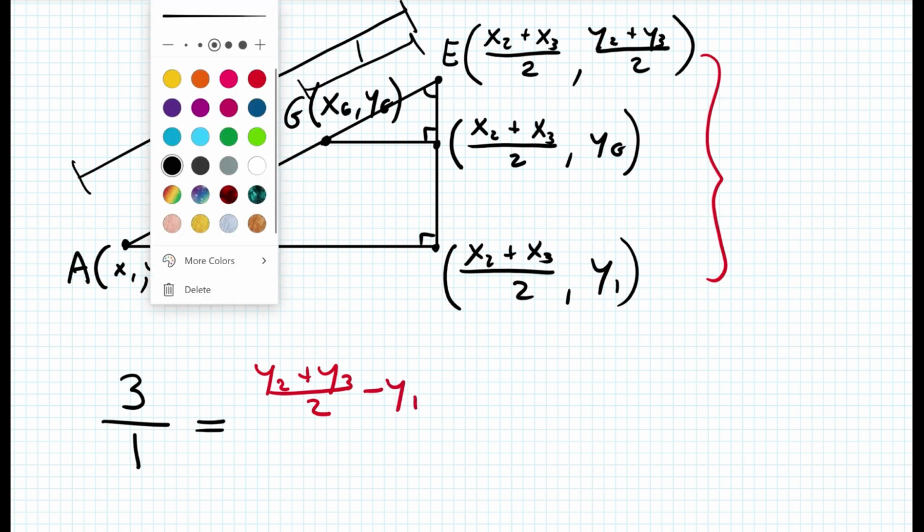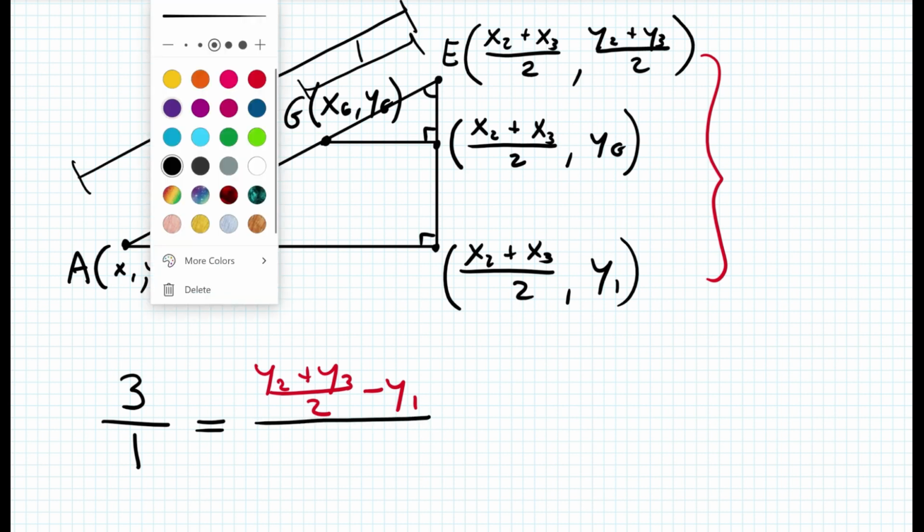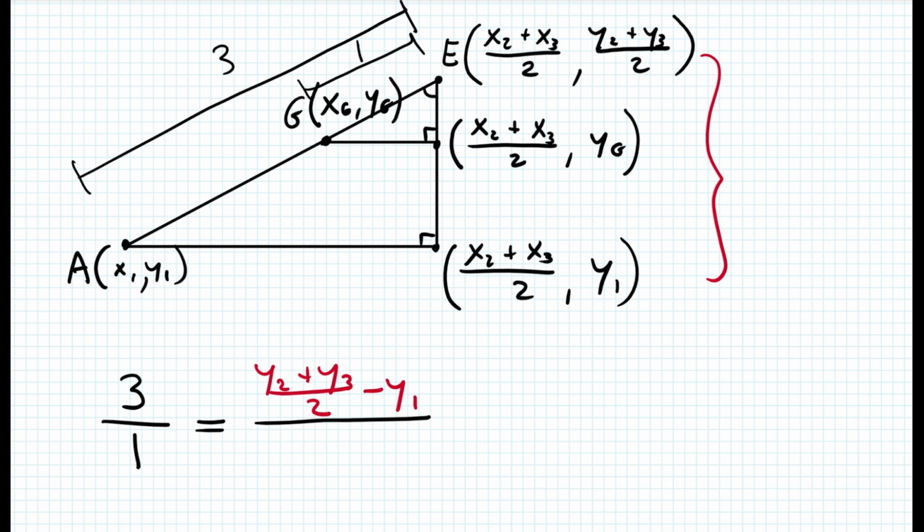And all of that is going to be over, and now we're going to take the ratio of the smaller triangle of the difference here, this one, and that's going to be y2 plus y3 over 2 minus yg, okay? So now all we need to do is just solve for yg. Okay, so how do we proceed here?